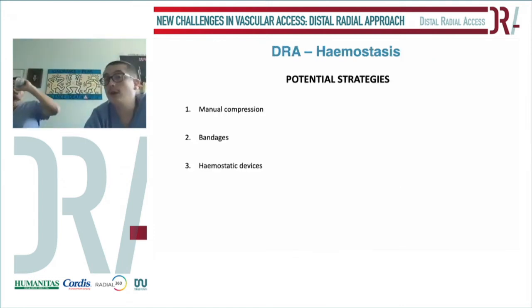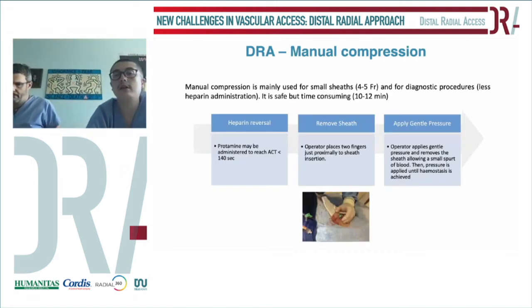We can do hemostasis for distal radial artery access in three different fashions. The first one is manual compression, the second one is cheap and made of bandages, and the third one, the one that we are using here in Humanitas, is dedicated hemostatic devices. Manual compression we leave only for 4 or 5 French introducer sheaths in procedures with low heparinization, like a diagnostic procedure.